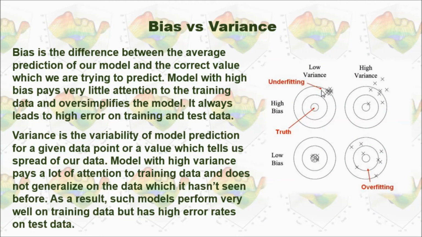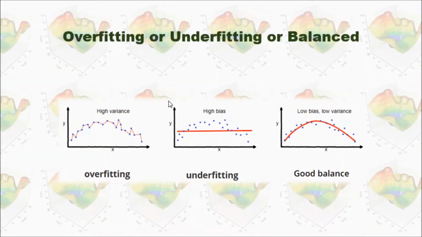In this graph, we are saying the true data are located in the center of this circle, but in most cases, we really don't know where the true data are. Let's say we have our data in these blue dots. If we try to fit our experimental data with this curve, you can see we have high variance, and this is overfitting.